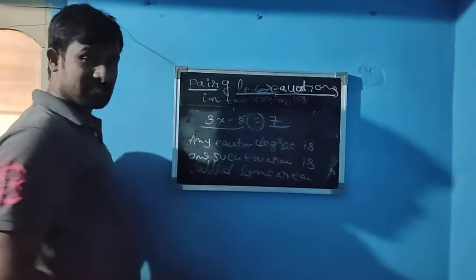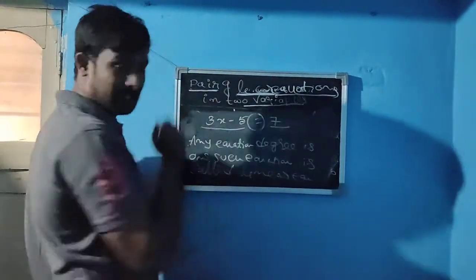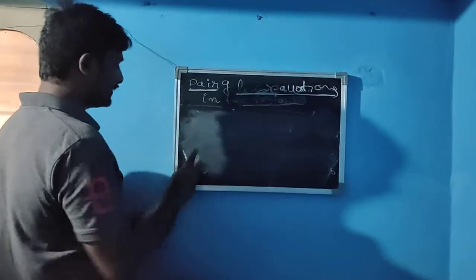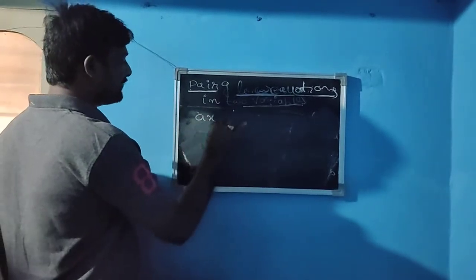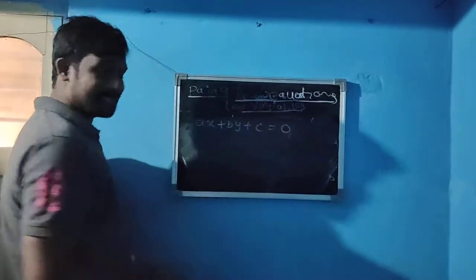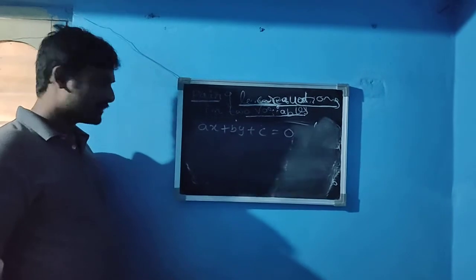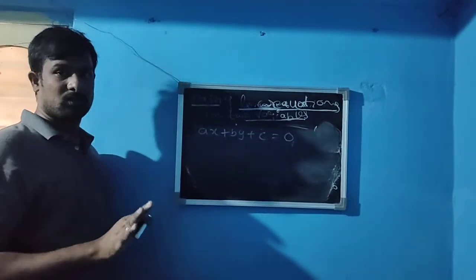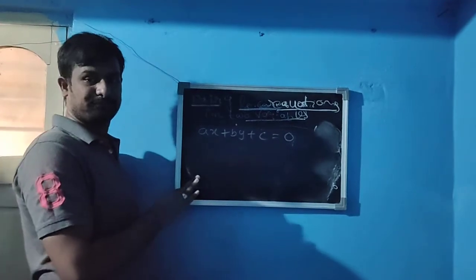You want a linear equation, how many variables? Two variables. What are the two variables here? Suppose ax plus by plus c is equal to 0. Such an equation is called a linear equation in two variables. You already learned this in 9th class.